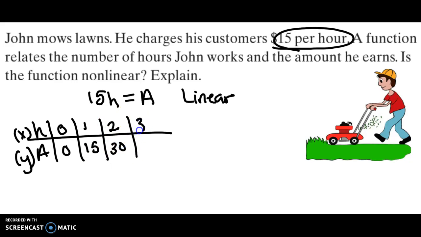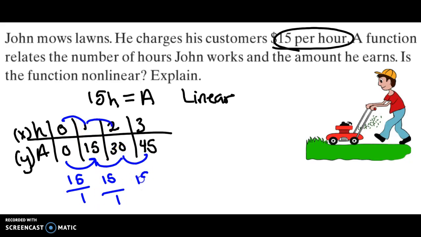And if he works 3 hours, he makes $45. And then I can look at the change in my dependent variable, my y, my amount, which would be $15 for every 1 hour, and then $15 for every 1 hour, and $15 for every 1 hour. So yes, this is linear.